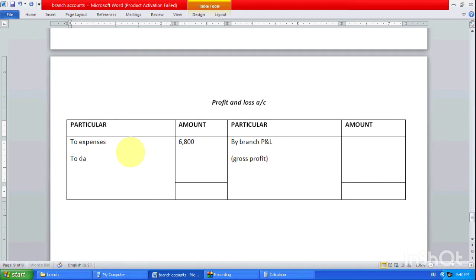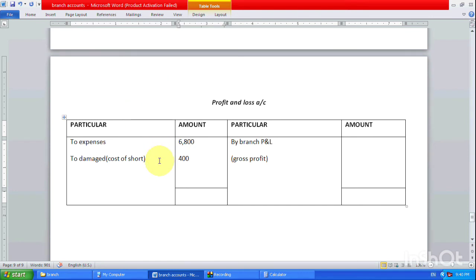Okay, two expenses, after that, two discount or to damage, this will appear here. So to damage, cost of stock. How much cost of stock? 400 is cost of stock, means it's a loss. So we have got 400 cost of stock.